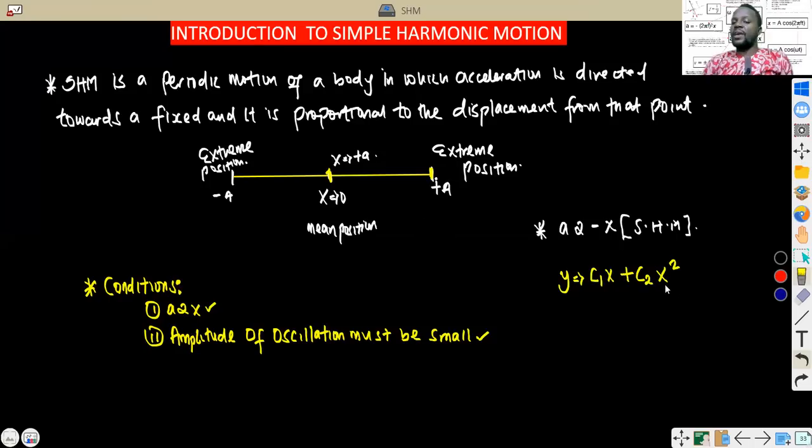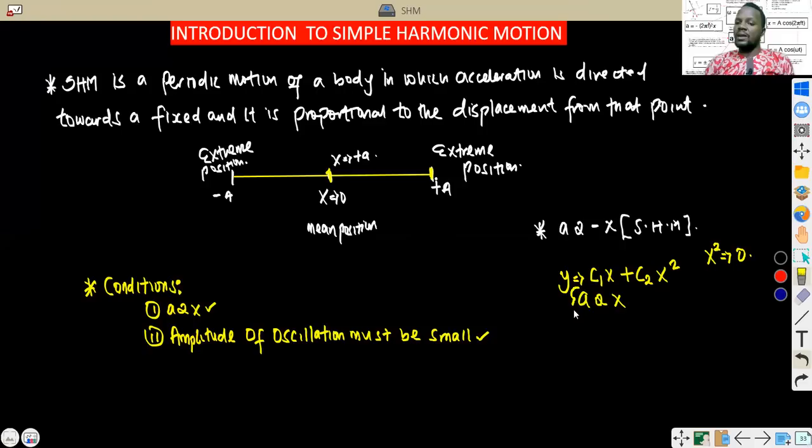So if the value of A is very, very small, as A is proportional to x, I mean amplitude is proportional to the displacement, we can say x squared is very, very small too, and we can neglect it as equal to 0. So when x squared is equal to 0, we can say directly that acceleration is proportional to the displacement.